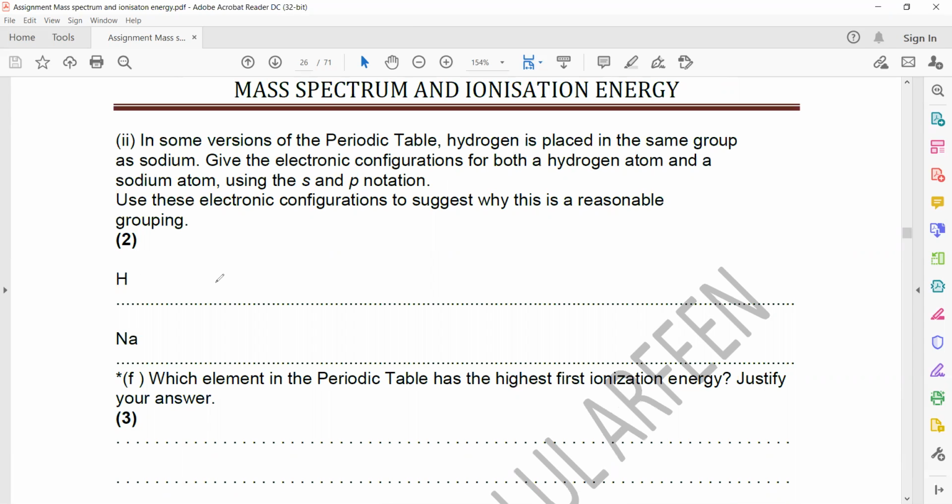Hydrogen has only one electron, so it is 1s1, and sodium, which is 11 and 23, is 1s2, 2s2, 2p6 and 3s1. You can clearly see that the last shell is an s orbital. That's why they are placed in the same group, as both are s block elements and have the same number of electrons in the last shell.